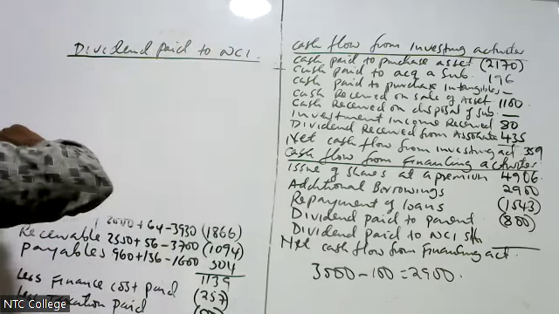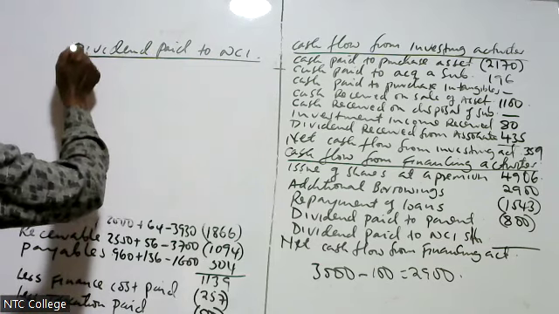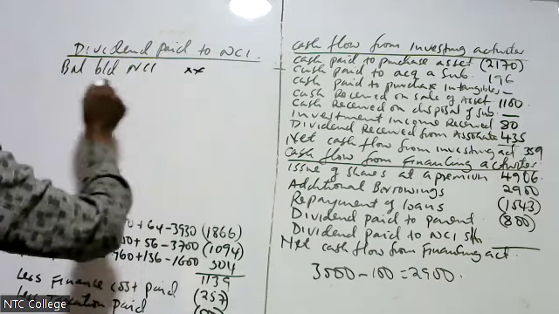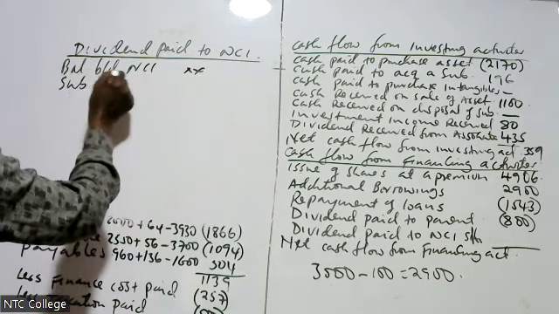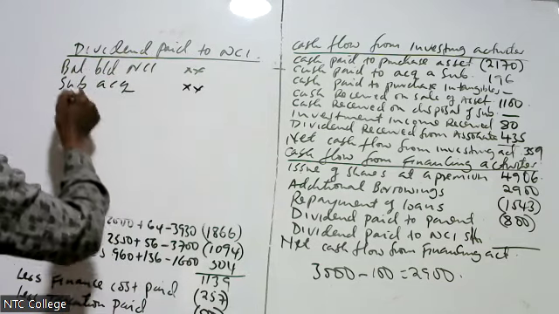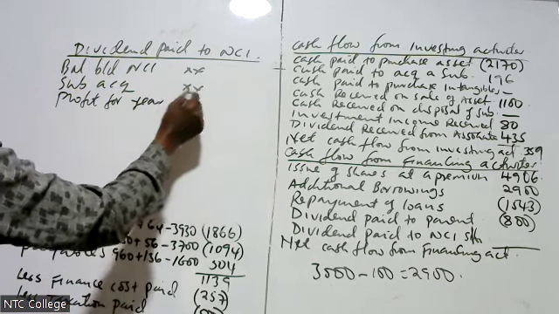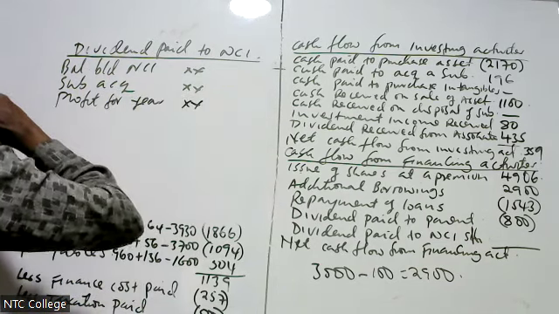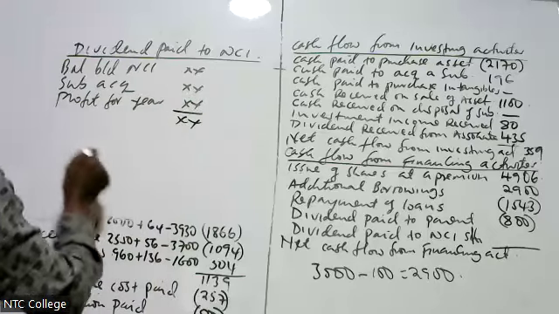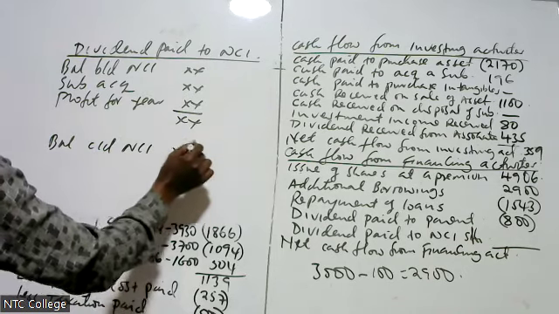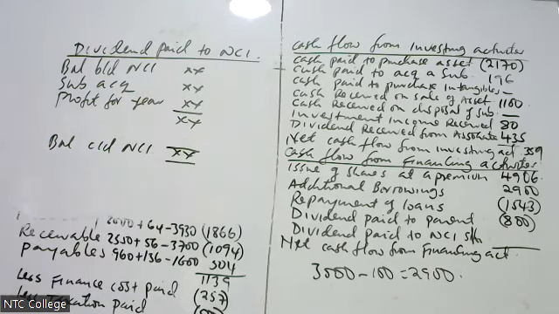Here we take balance brought down, that is NCI, net assets of subsidiary acquired, NCI, profit for the year, or other total comprehensive income, NCI. Then whatever we get, we compare with balance carried down, NCI.